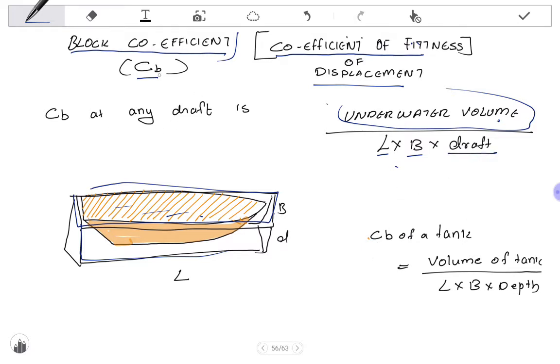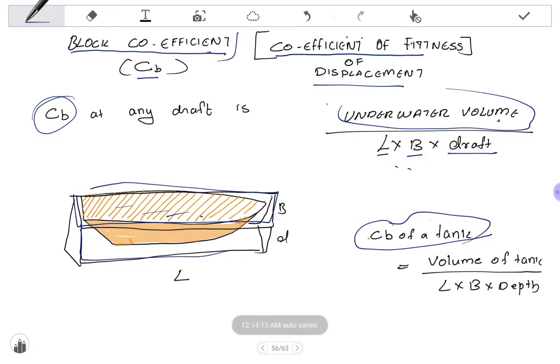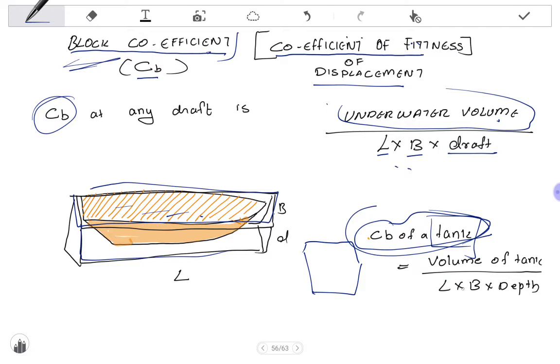That is block coefficient, CB. This formula is also applicable for a tank. Tanks, cargo tanks or others have different shapes and volume at different heights. So block coefficient is also used for calculation of tank volumes. In those cases, it is volume of the tank divided by length into breadth into depth of the tank.